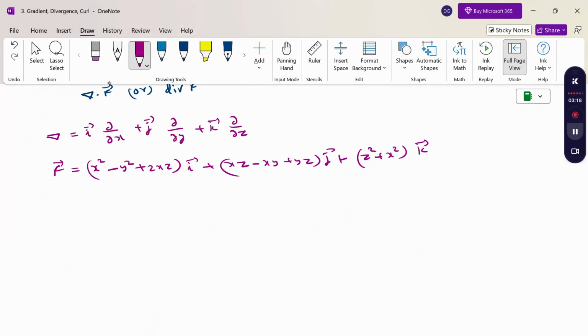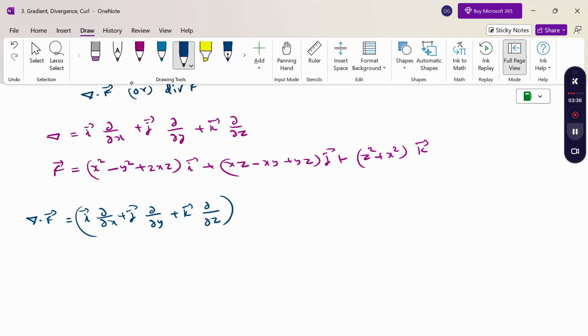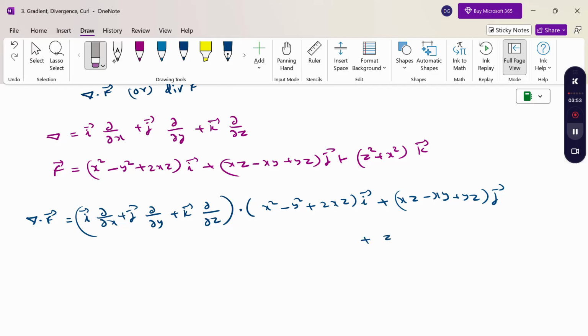Now del dot f vector. What is the question? Del dot f vector. So del dot f vector is nothing but i vector dou by dou x, j vector dou by dou y, k vector dou by dou z, dot f vector, (x square minus y square plus 2xz) i vector plus (xz minus xy plus yz) j vector plus (z square plus x square) k vector.